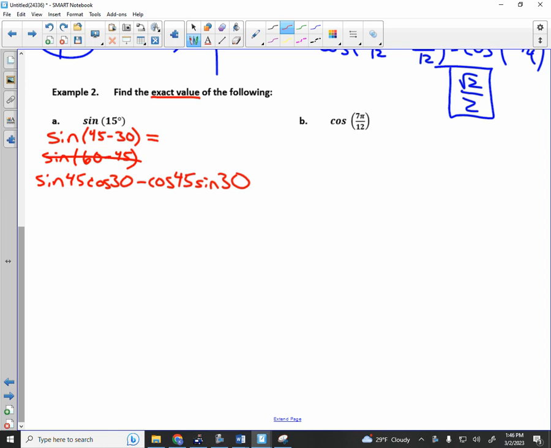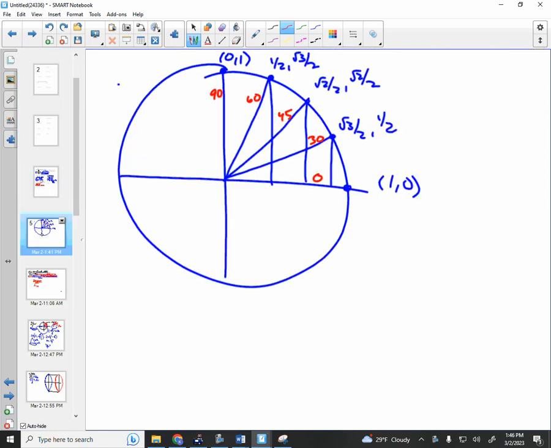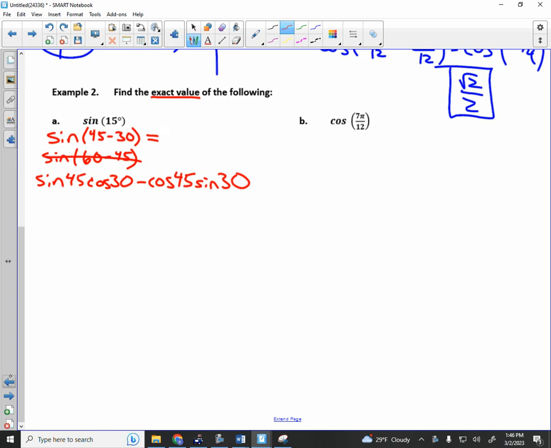Now let's find the exact values. Sine of 45. Somehow we've got to come back to these values all the time, right? So sine of 45, that's the y value, and that's going to be root of 2 over 2.